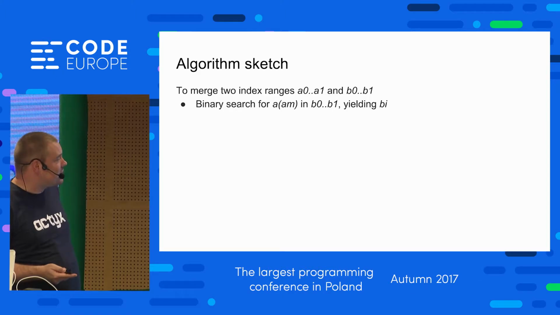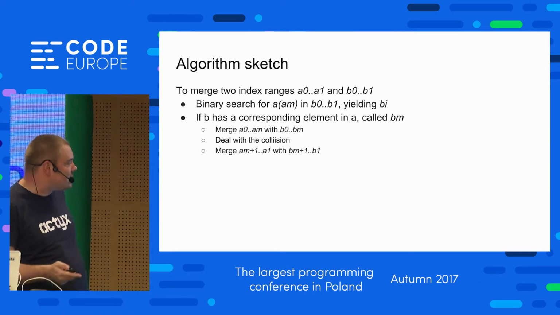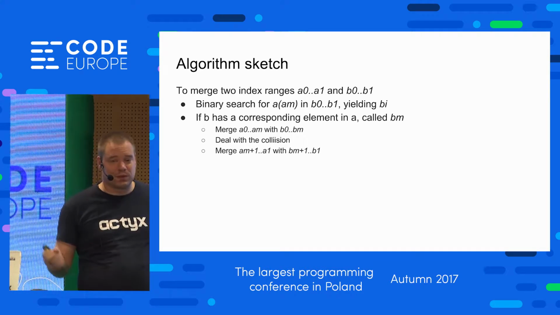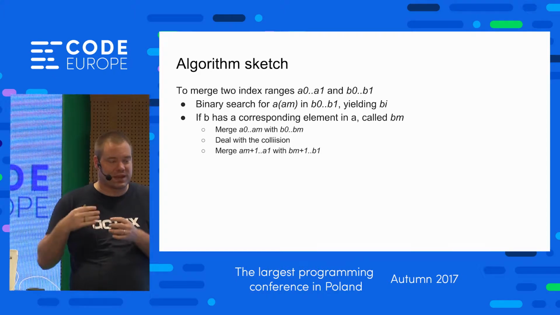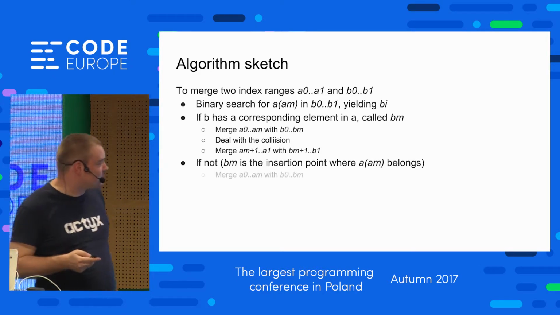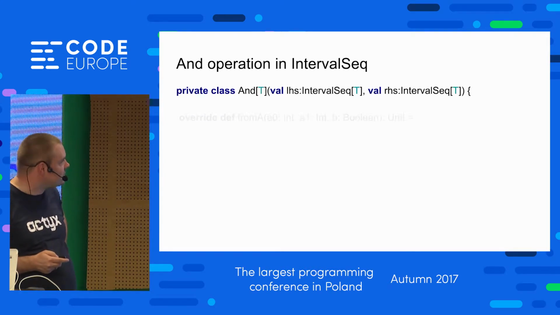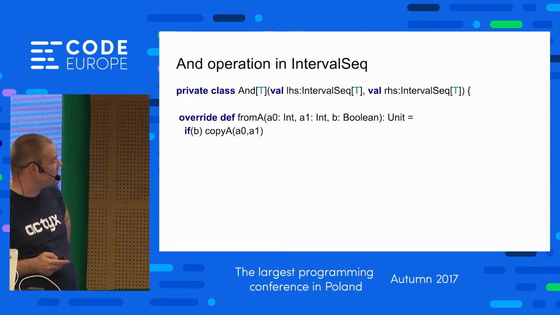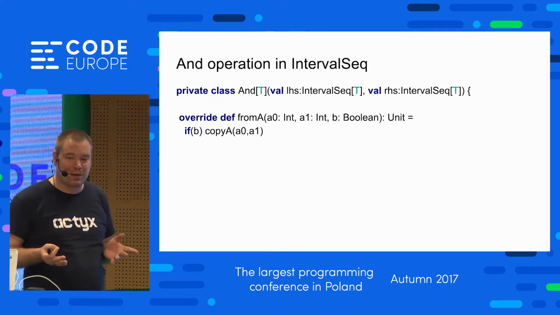So you do a binary search, and then you do another binary search in the other array. And then there is some additional complexity because we're not just merging arrays, but we are also dealing with the interval border. But that's not very important. So this is how the operations actually look. These are extremely mutable, I mean, we're talking about arrays.